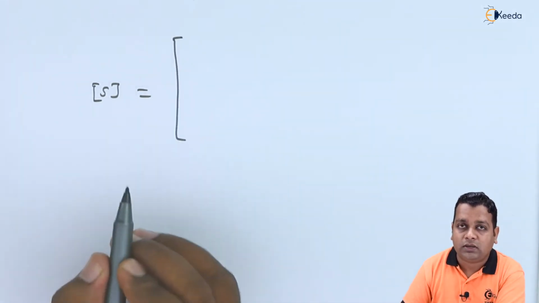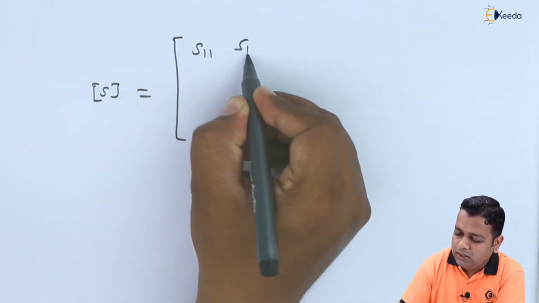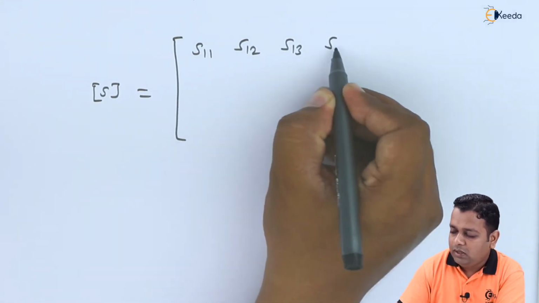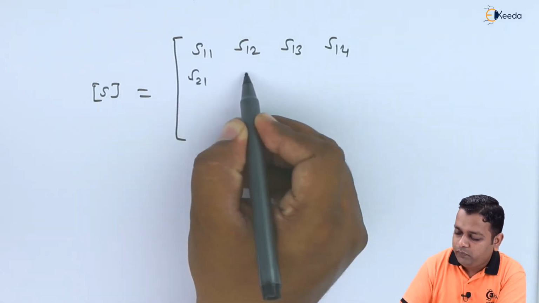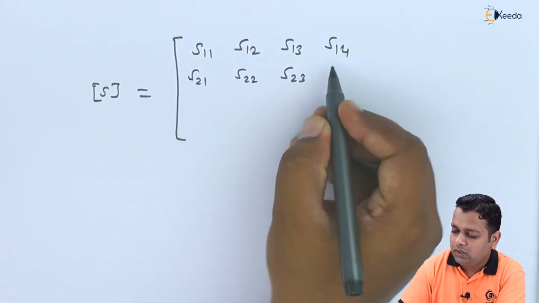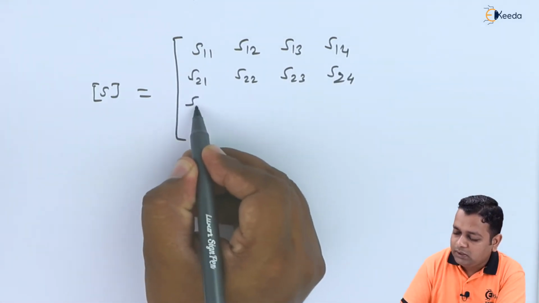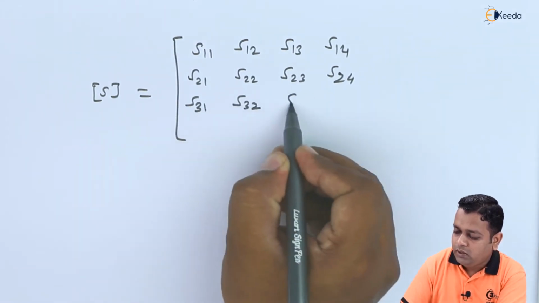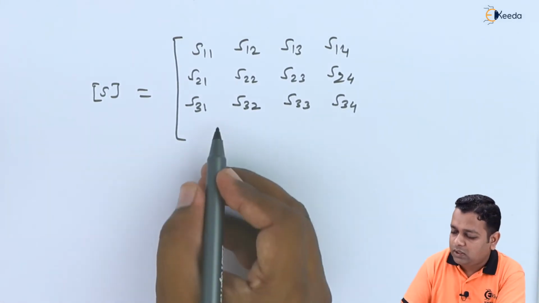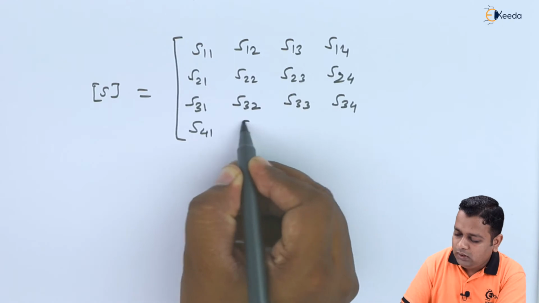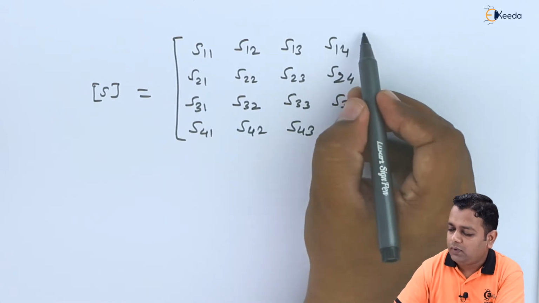The generalized representation is: for the first row, S11, S12, S13, S14; for the second row, S21, S22, S23, S24; for the third row, S31, S32, S33, S34; and for the last row, S41, S42, S43, S44, and we complete the square bracket.